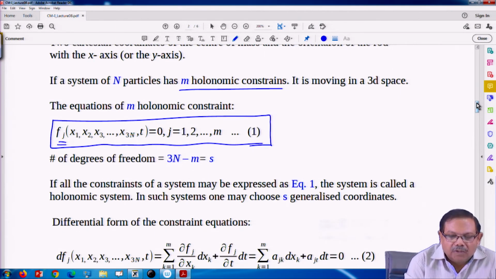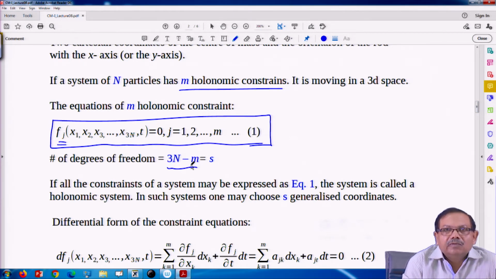So, the number of degrees of freedom would be 3n Cartesian coordinates minus m constraint equations, which is S. Suppose by inspection, or by calculating its kinetic energy and potential energy, S generalized coordinates are required.